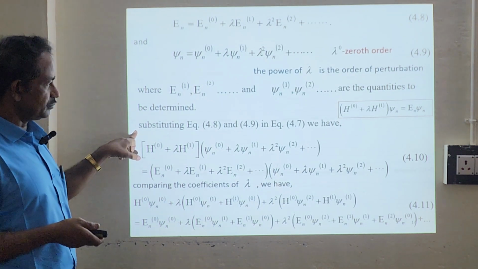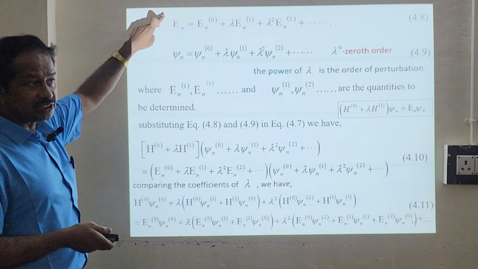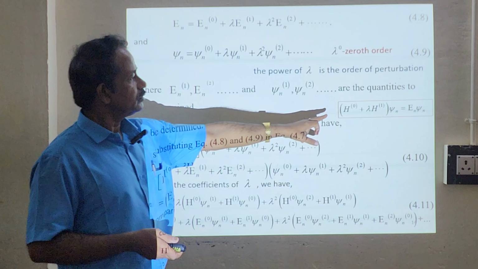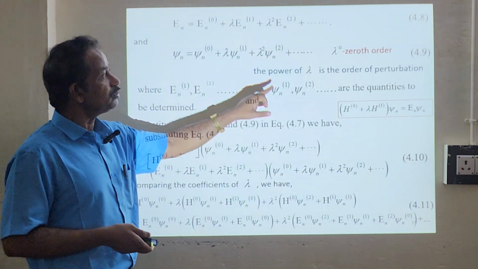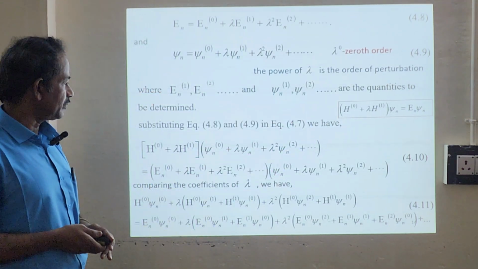Now we are going to substitute these two expressions in this equation. The previous equation is 4.7, and you substitute 4.8 and 4.9 in 4.7.